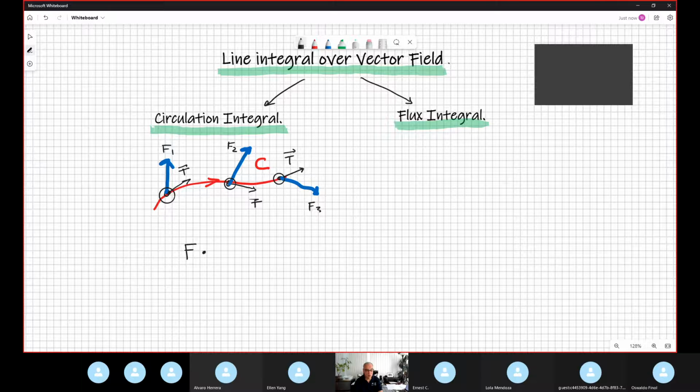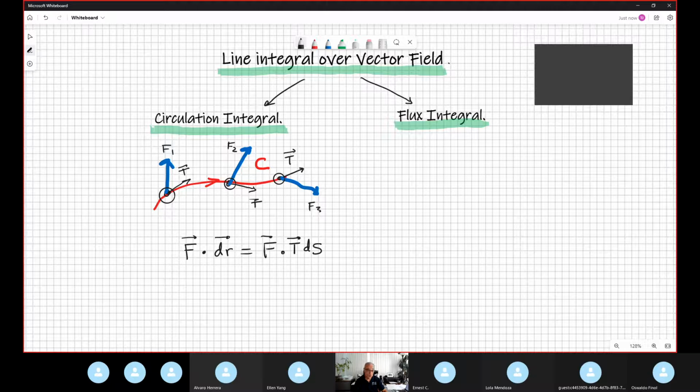dot product dr. And by the way, let me recall who is dr. Dr is a vector, and F is also a vector field. And this is F dot product the unit tangent vector, ds. And ds, remember, is the infinitesimal length of the curve.